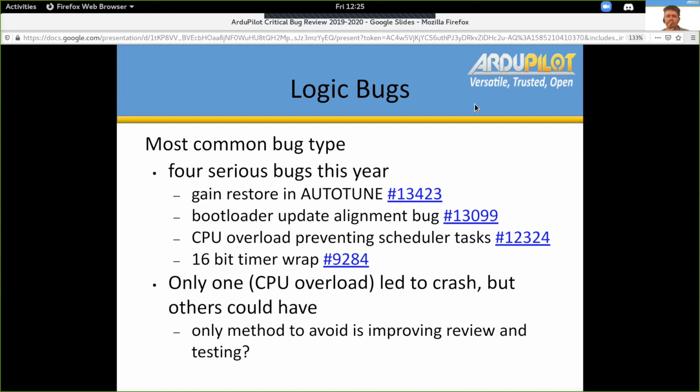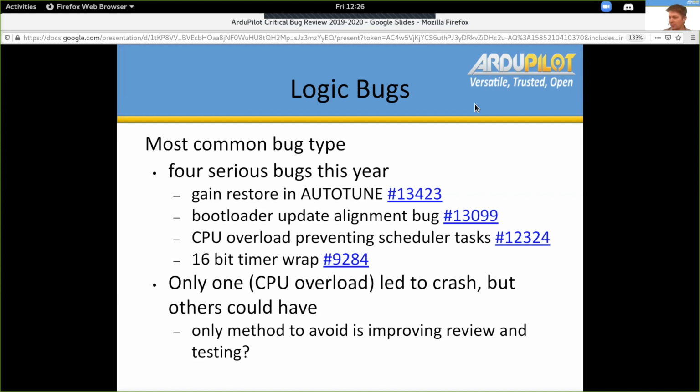So I tried to keep it down to just the most serious of issues, because obviously there's lots and lots of small bugs that we have, and some of them are quite important, but they aren't crash-o-matic, as we call it. Although some of these ones I do have listed didn't actually ever cause a crash, but could have caused a crash. And some of them did actually cause crashes and did lose vehicles.